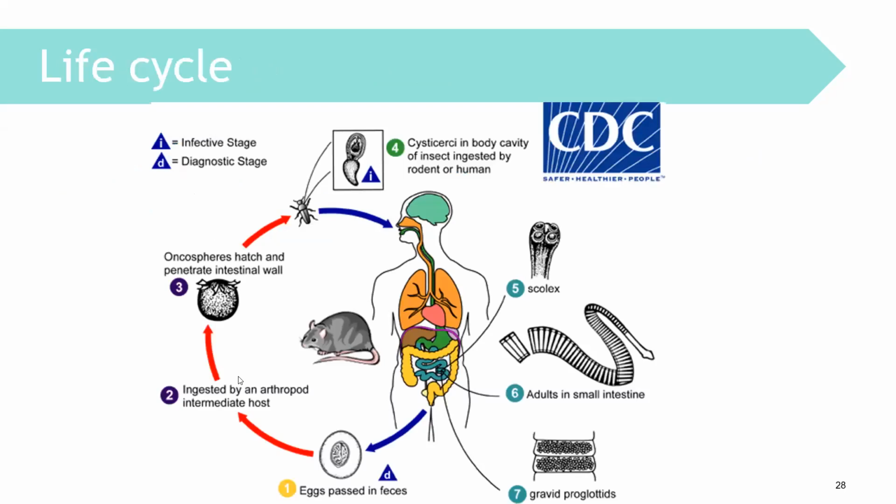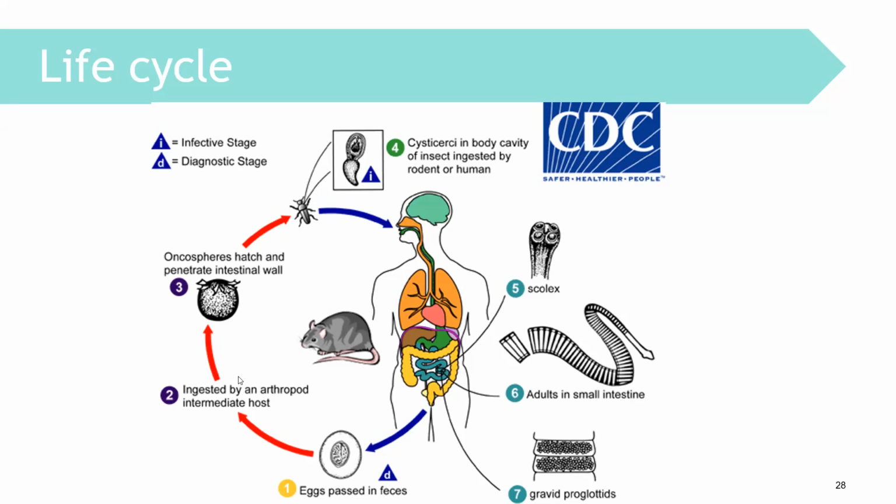Now for the life cycle, take note guys that typically this is a parasite of rats. Okay? But the rat is not our intermediate host. Rat is considered as the natural host of Hymenolepis diminuta, but the rat is not the intermediate host.